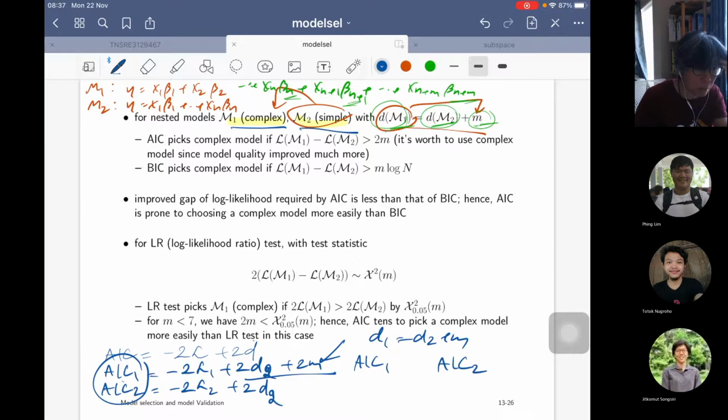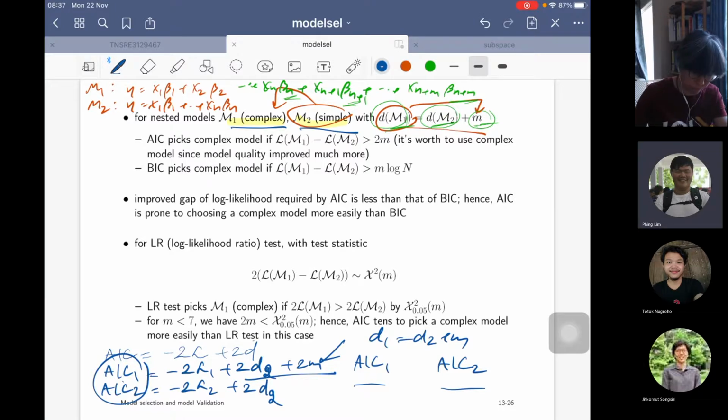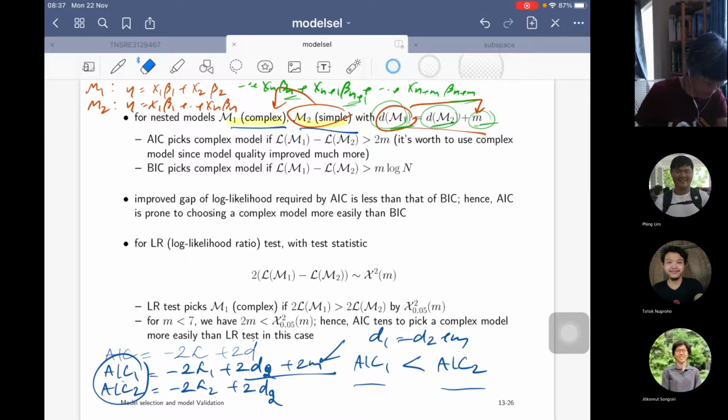Model M2 is a simple one. If AIC picks a complex model, can you compare these quantities? AIC1 is going to be smaller than AIC2, right? So you just compare.